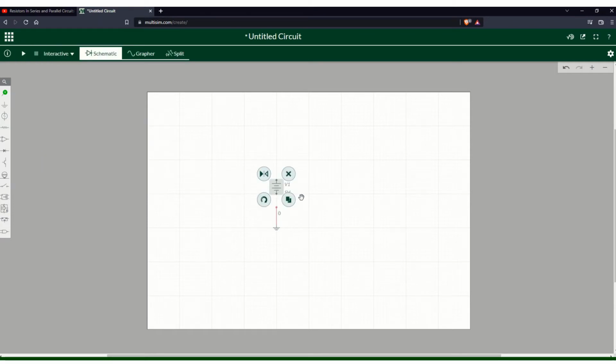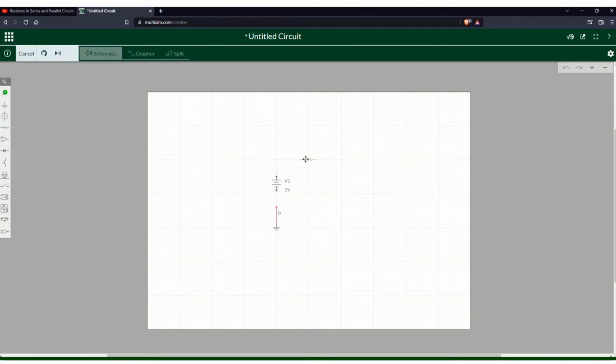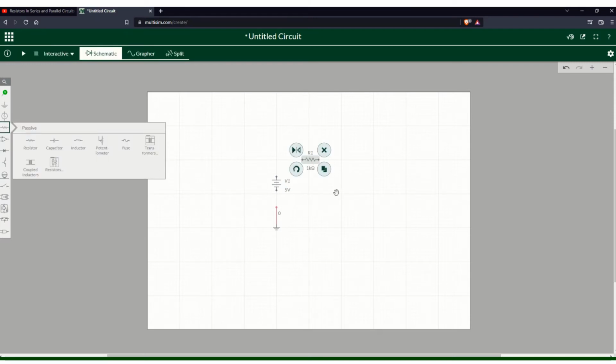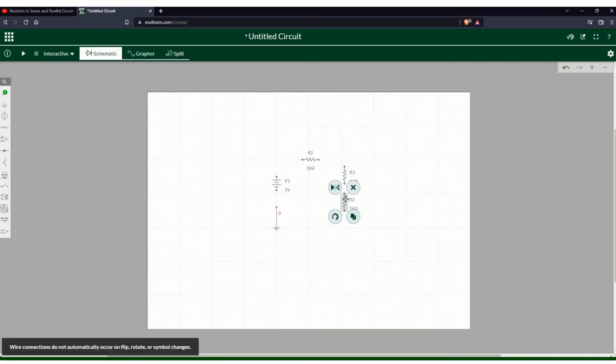We'll insert the voltage source. There's going to be 3 resistors in this. One resistor there. You can actually just copy it and copy it. Then you'll rotate that one, rotate this one.